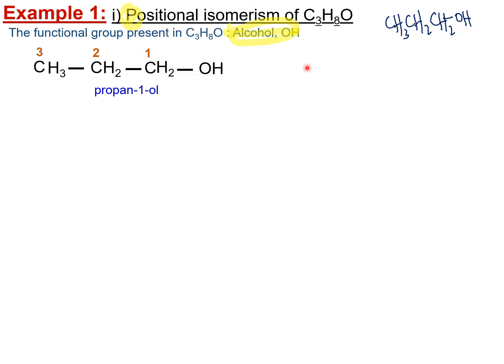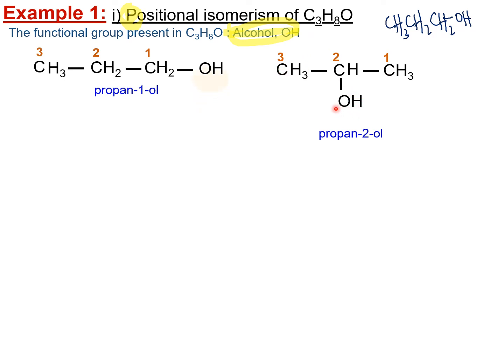So untuk build positional isomers, you kena build another structural isomers yang di mana kedudukan OH dia berbeza. So sekarang ni kita letaklah OH dia kat carbon number 2. So kat sini kita ada dua different structural formulas, tetapi dia punya molecular formula dia still sama, C3H8O.